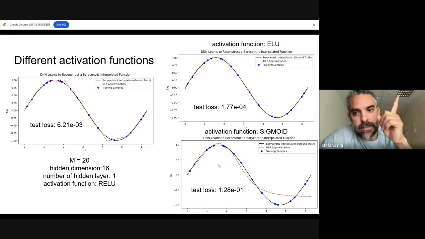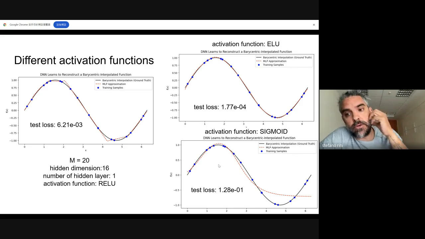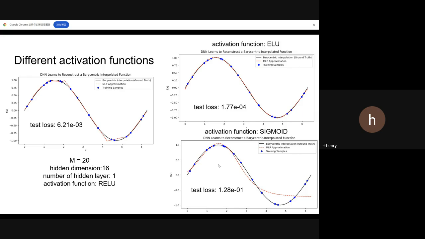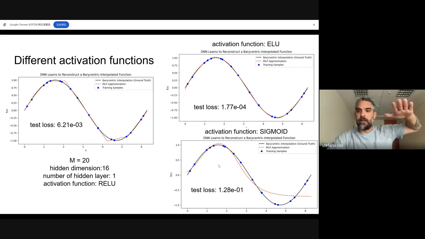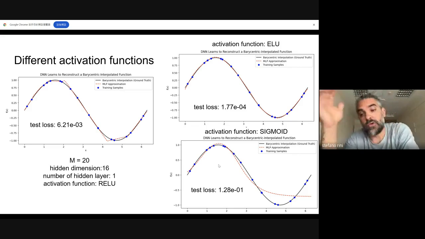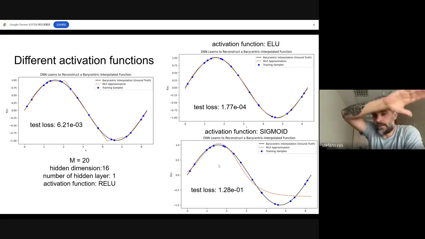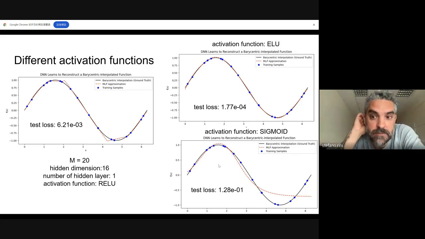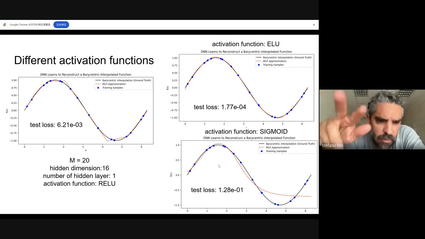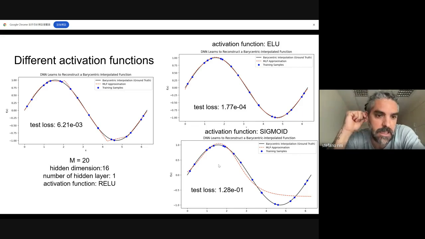Maybe. But another issue is this: what is the range of output of sigmoid? 0 to 1. Correct. So what happens here in my mind is that you cannot match the -1. Of course, these are multiple layers, but the sigmoid saturates. What's the depth of this function? You have 16 hidden dimensions and only one hidden layer, right?